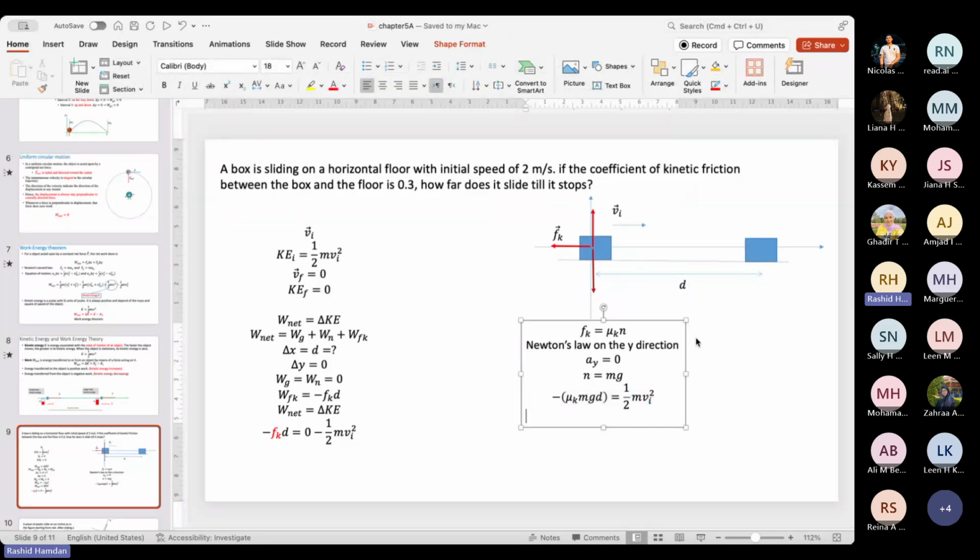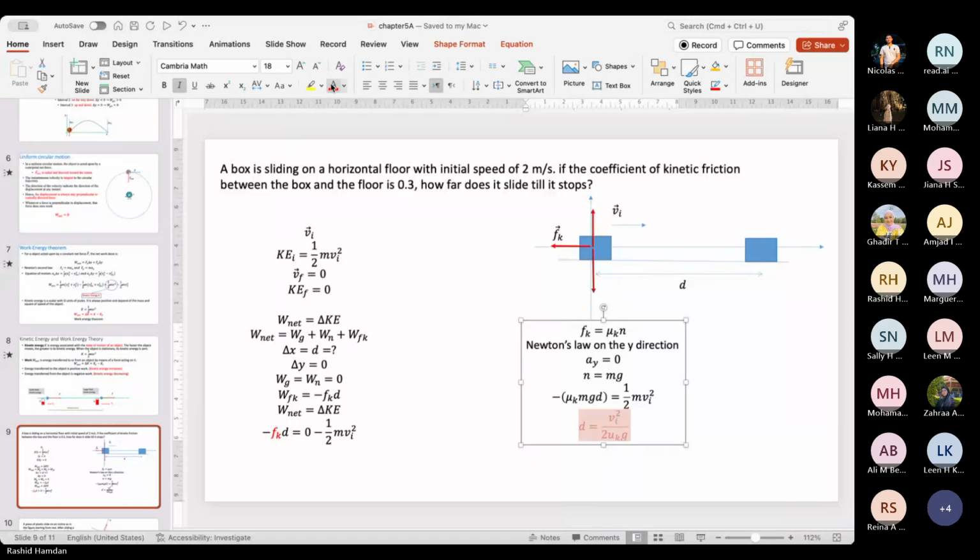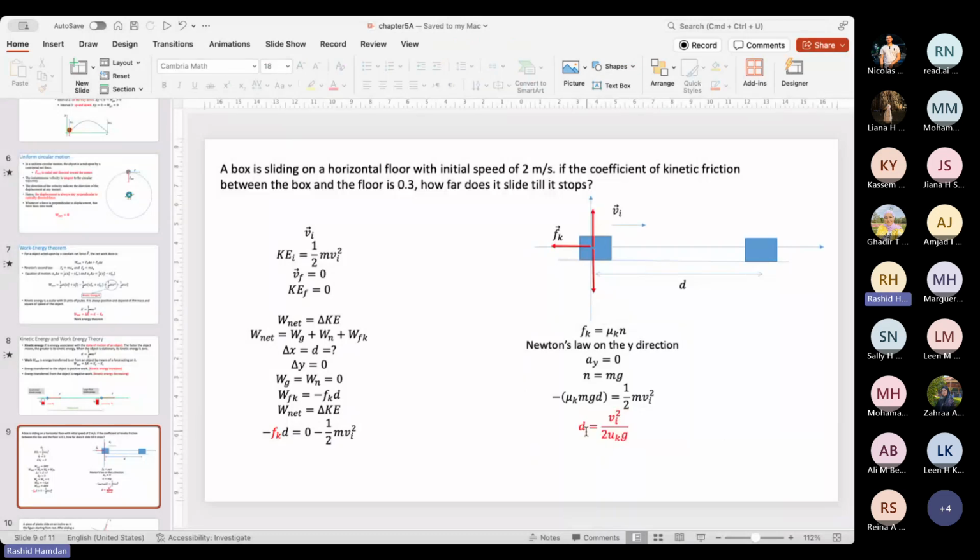So d is equal to v initial squared over 2 mu k g. So this is the final answer that we're looking for.